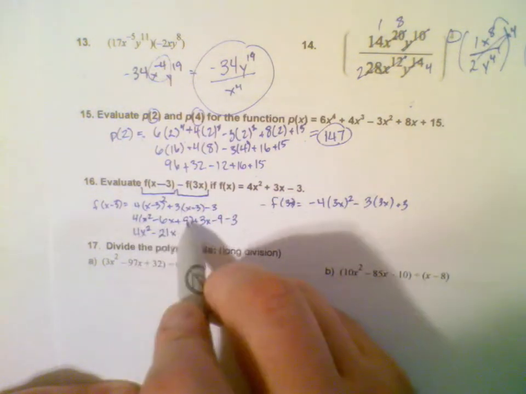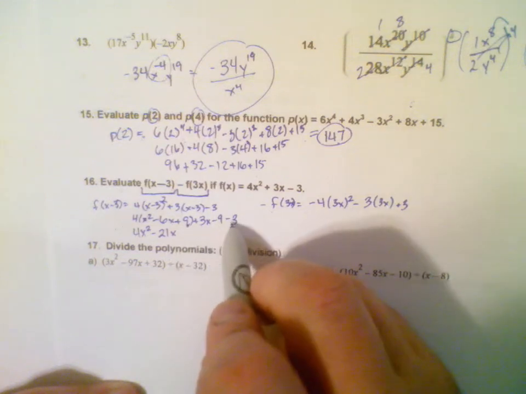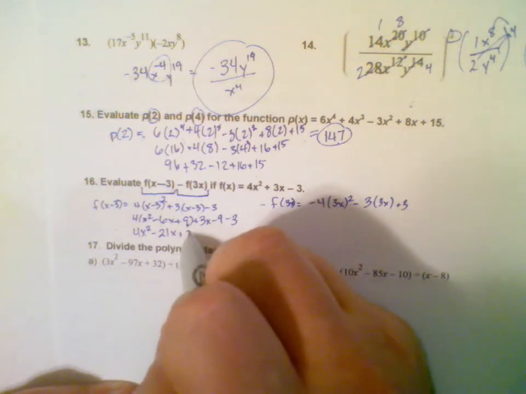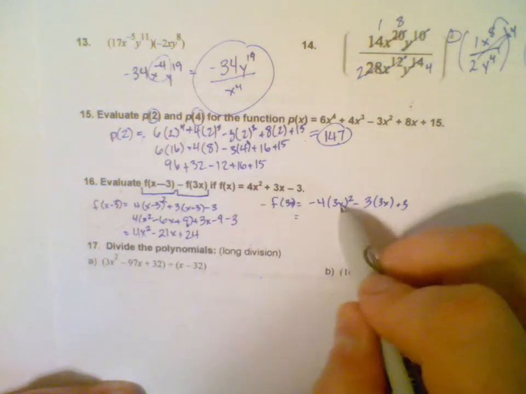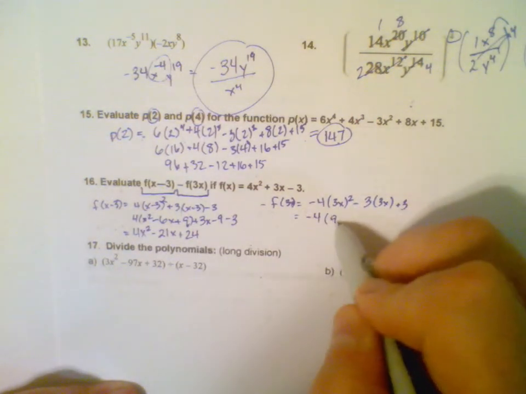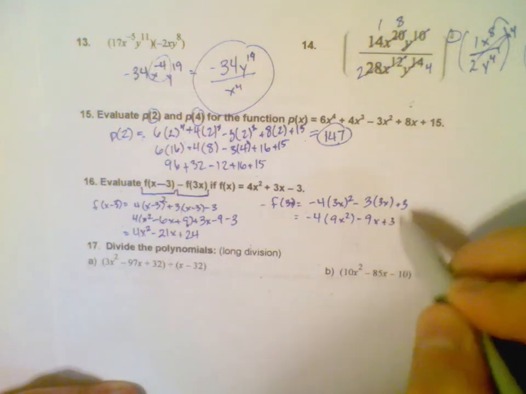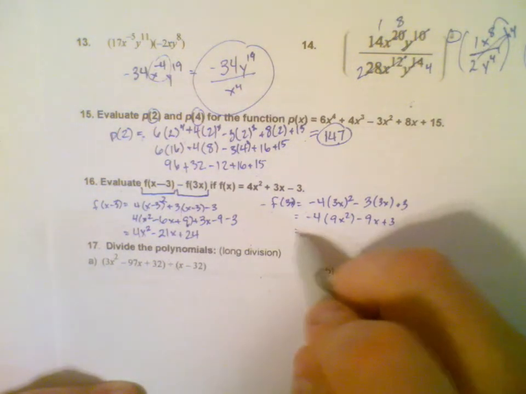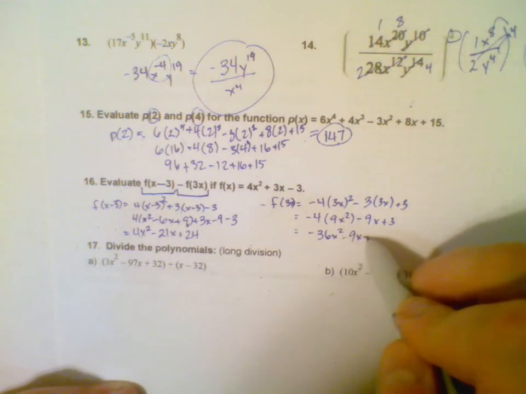And then this would give me a 36. So 36 minus 9 is 27, minus 3 is 24. Okay, so I have that, and then I'll simplify this one. Okay, so then we get a negative 36x squared minus 9x plus 3.